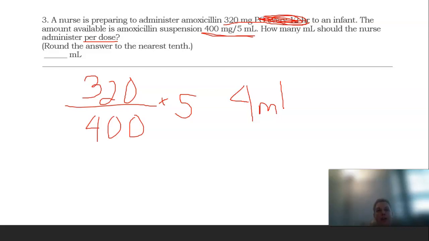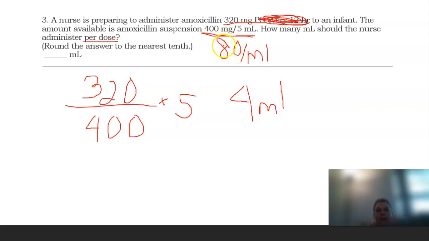So how do I double check this? One way that I could double check that is by thinking there's a ratio proportion here. If I know there's 400 in 5, I can always ask myself, well then what's in 1? And when I divide 400 by 5, that will tell me how much is in 1.